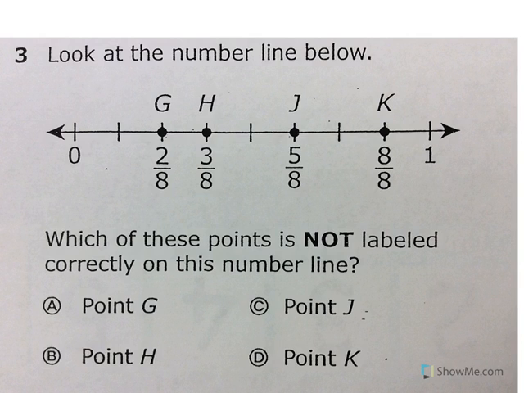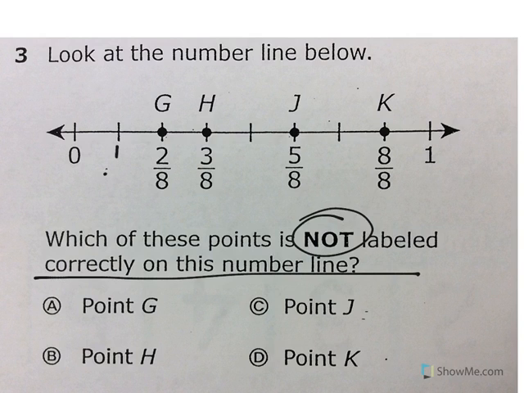Question number 3. Look at the number line below. Which of these points is not labeled correctly on the number line? I want to figure out the one that is not labeled correctly. It looks like it's broken down into eighths for us. So we'll fill in all the ones that aren't labeled here.